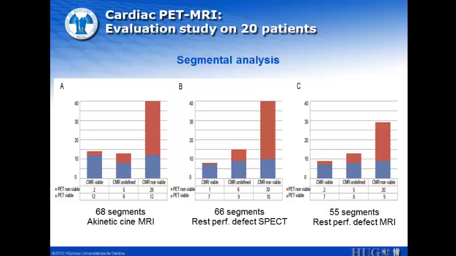And when comparing PET and MR in these different settings, looking at 68 segments with akinetic cine MR, red is scar and blue is viable tissue in FDG PET.